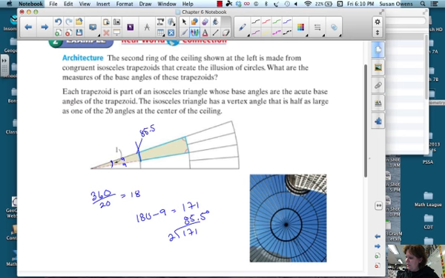Now I know that these lines are parallel, and so quickly I could say, well, these are corresponding angles. So if these are 85.5, then these are 85.5. So I know that the base angles of the isosceles trapezoids are also 85.5 degrees. Done.